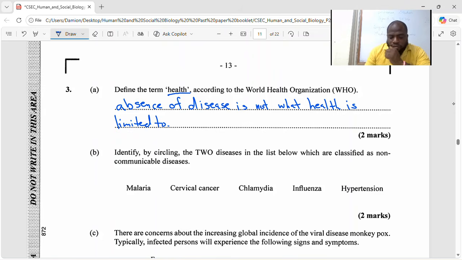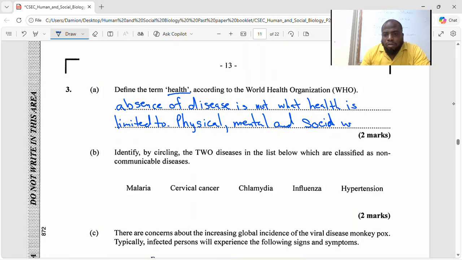We need to think about physical, mental, and social well-being of the individual. So again, it's not limited to just them not having a disease.